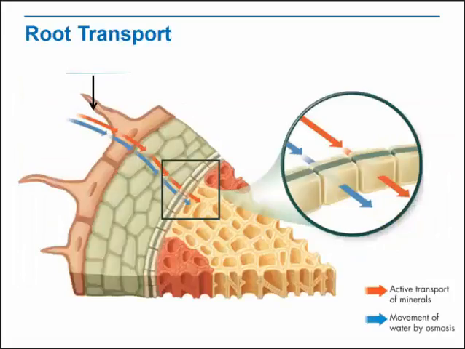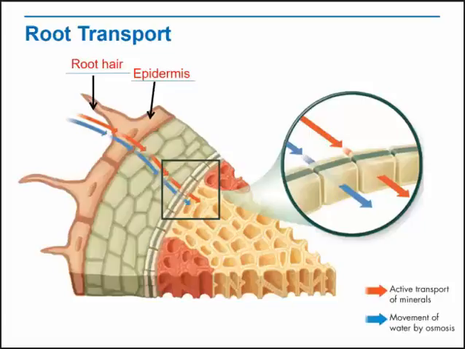The cell membranes of the root hairs and other cells in the root epidermis contain active transport proteins to transport nutrients. Active transport is a process that uses the energy of ATP to move ions and other materials across membranes. Active transport brings the mineral ions of dissolved nutrients from the soil into the plant.